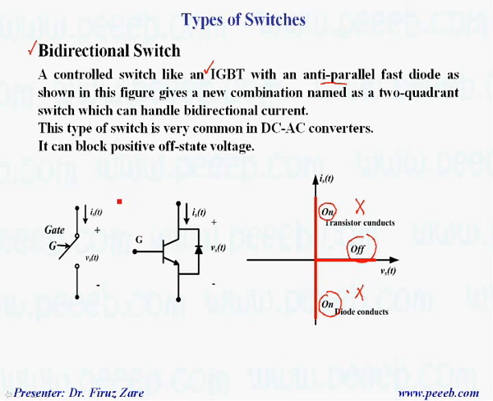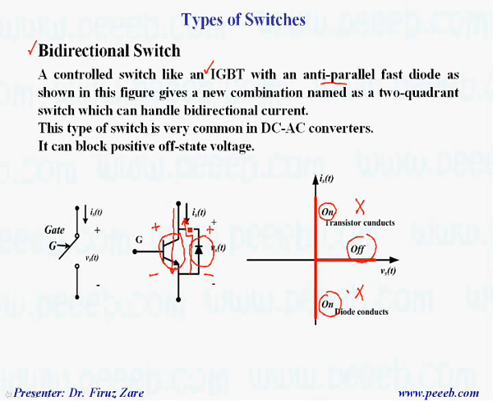For example, if we combine this IGBT or transistor with an anti-parallel diode, what happens? When there is no gate signal, this transistor can block positive voltage, and this diode can block positive voltage. When we apply a gate signal, this transistor can conduct positive current, and if the load current is negative, this diode can conduct negative current.